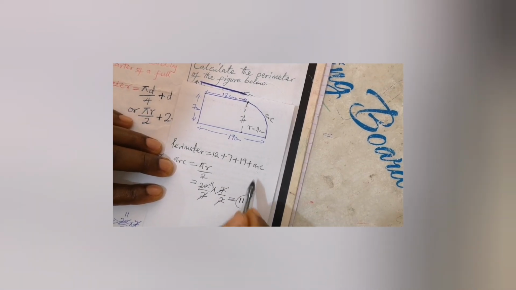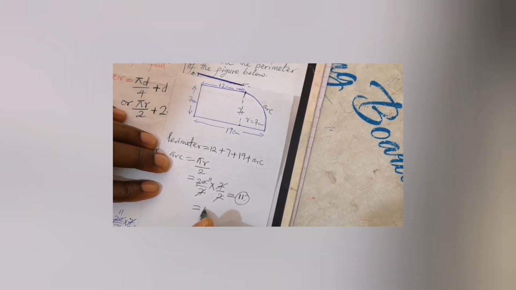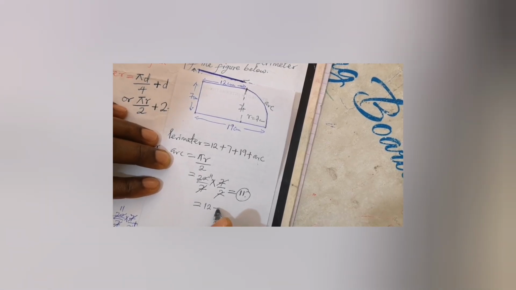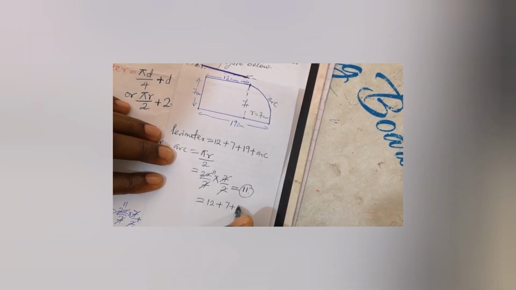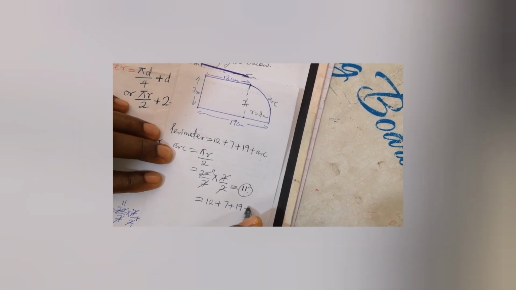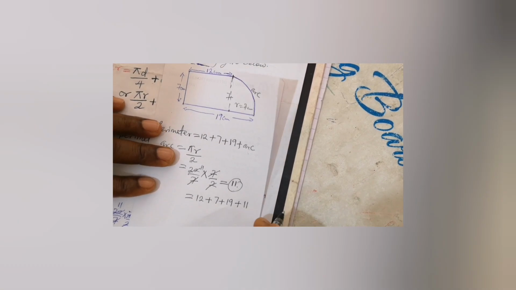That is, I will replace this arc with 11. Then I will now have 12 plus 7 plus 19 plus 11, which is the same thing I did here. If you sum it, you get 49 cm.